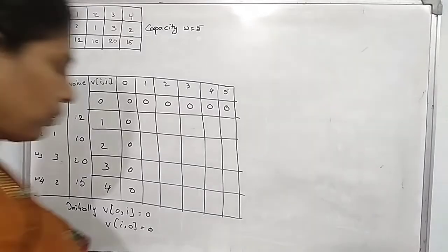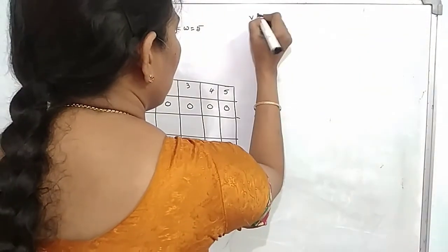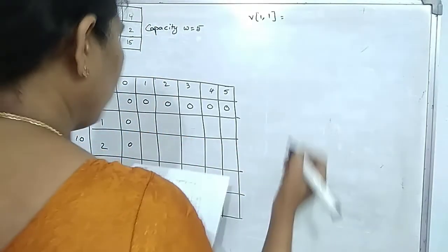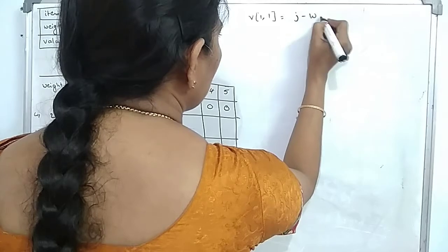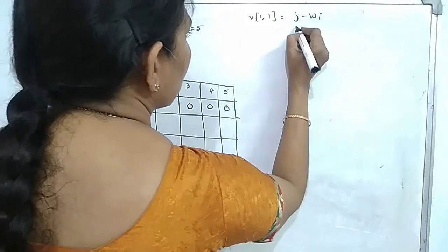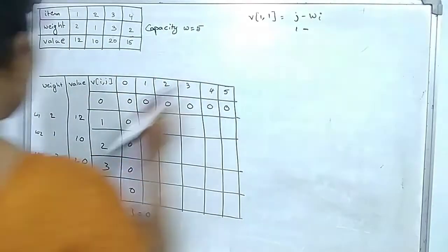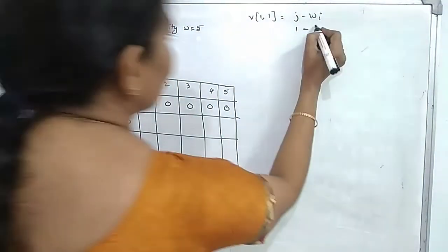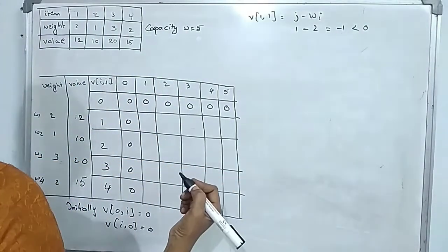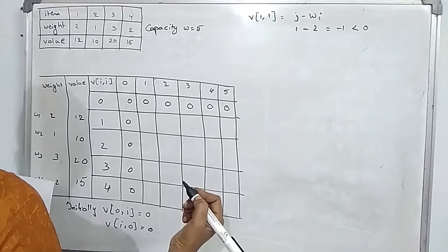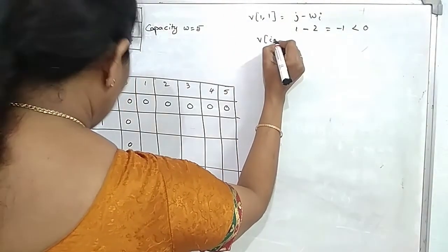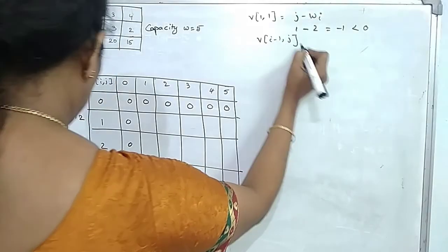If you want to do this, first of all you start with V of 1 1. To fill V of 1 1, first of all you calculate j minus w i. j means 1, w i means w1, and the w1 value is 2. So this is 1 minus 2, which is less than 0. Whenever it is less than 0, at that time you take the value of V of i minus 1 comma j.